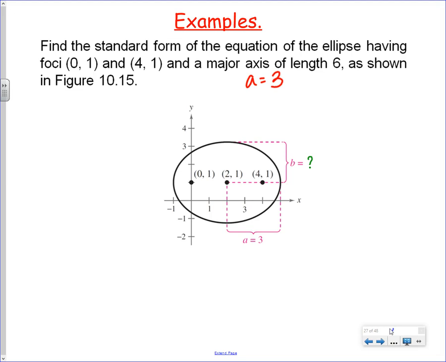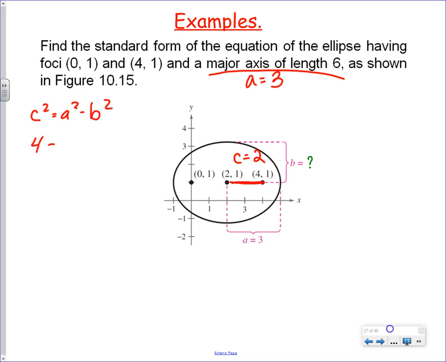What does C equal? Doesn't C just equal 2? Distance from the center to the focus. Major axis is the whole thing. Major radius would just be 3. C would be 2. Hey, isn't there a C squared equals A squared minus B squared formula?